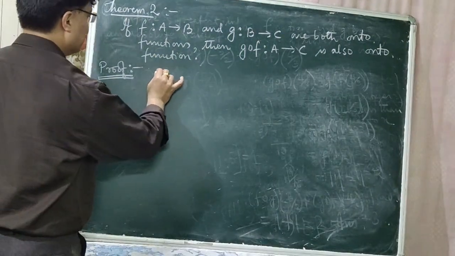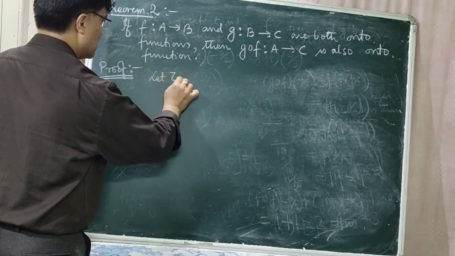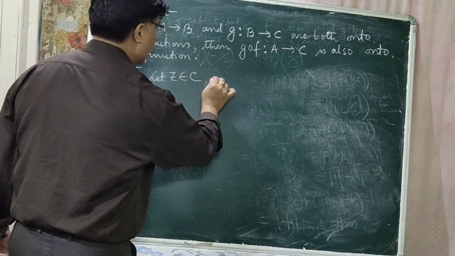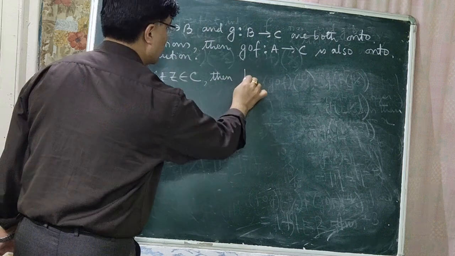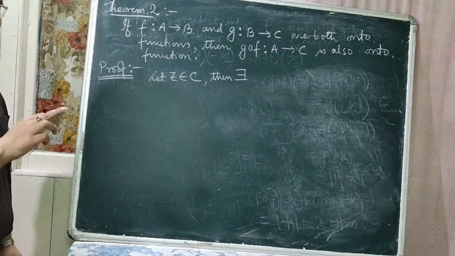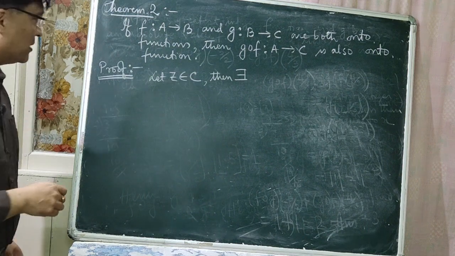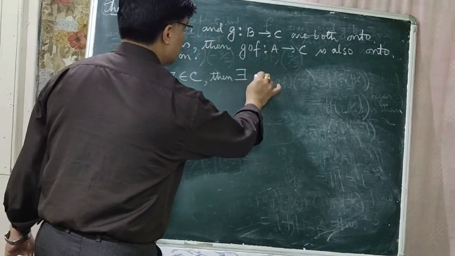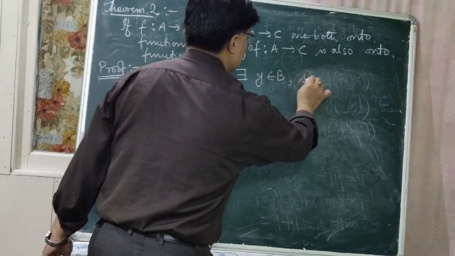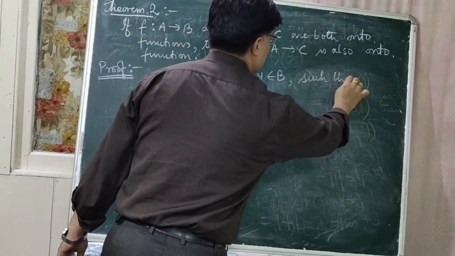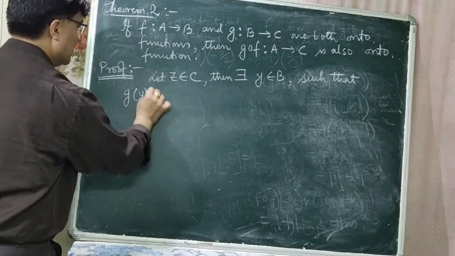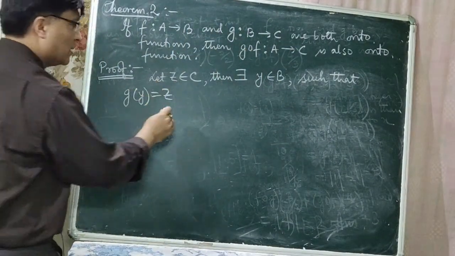Now let z belong to the set C. Then there exists, this is the mathematical symbol of there exists, y belongs to the set B such that g of y is equal to z.